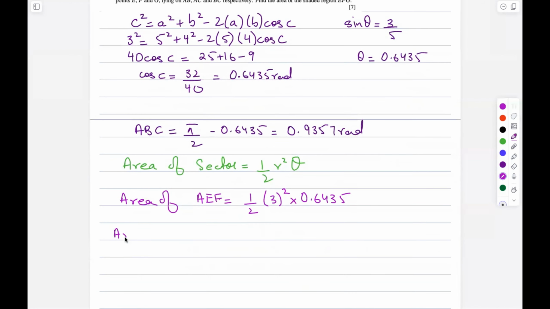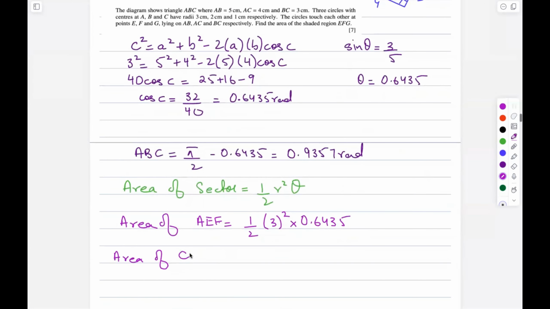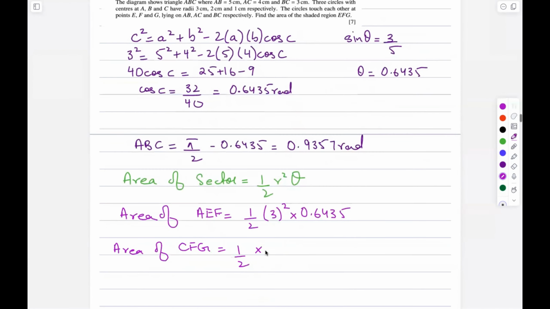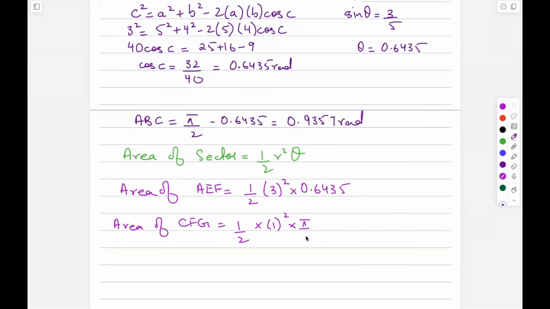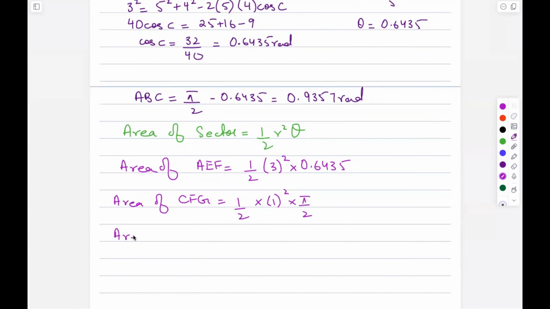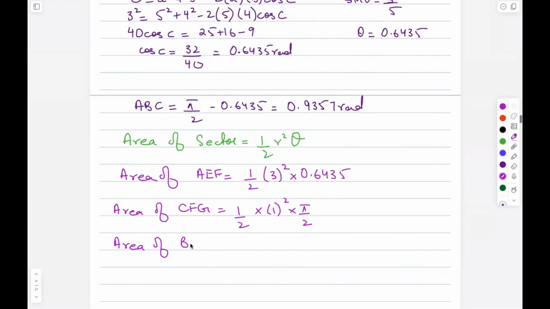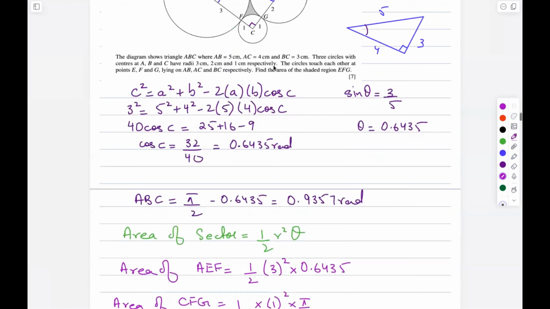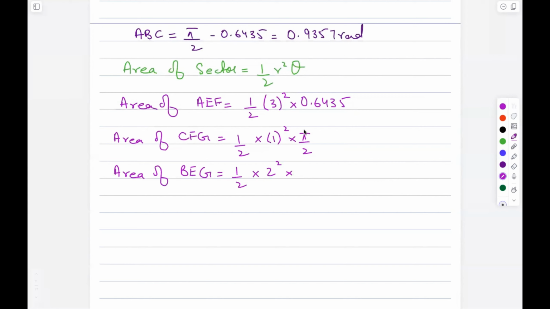Then the area of sector CFG will be 1 upon 2 into the radius 1, whole squared, multiplied by the angle pi upon 2. And the area of the third sector BEG will be half into the radius 2 squared, and the angle is 0.9357 radians.